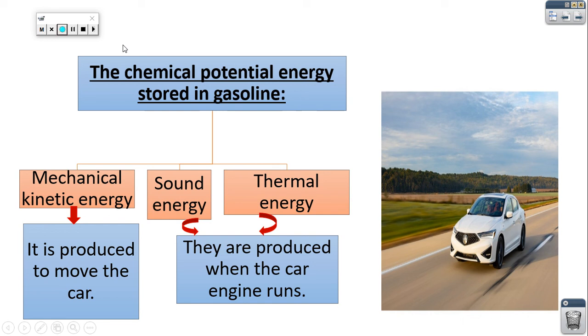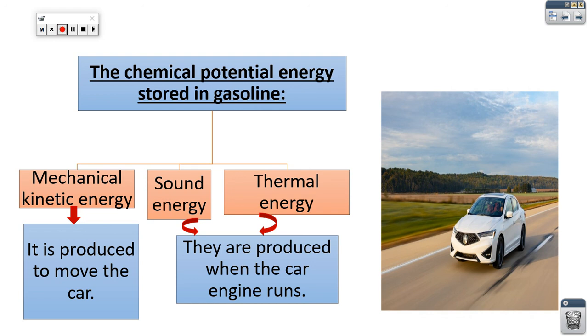And when the engine of the car starts to run, it produces electric energy that changes into sound energy or thermal energy. So when the car starts to move, the engine of the car runs. This engine produces electric energy, and some of it changes into sound energy that we hear in the radio of the car, and some of it changes into thermal energy when we use the air conditioner inside the car.